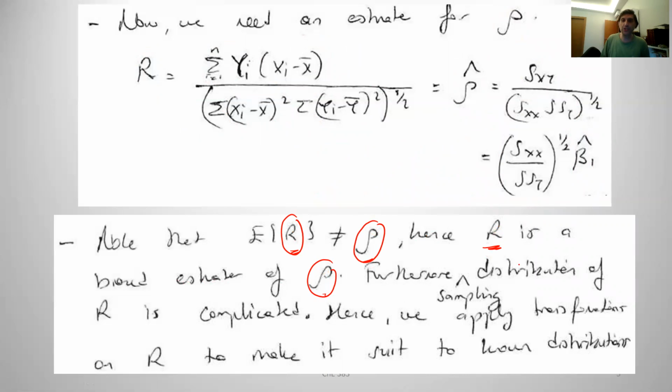The sampling distribution of R, note that since this is a random variable, since it's a statistic, an estimator, it is going to change from sample to sample, and the sampling distribution is complicated. It doesn't obey something that we have covered. So this is something that Fisher came up with: we apply transformations on R to make it suit one of the known distributions.